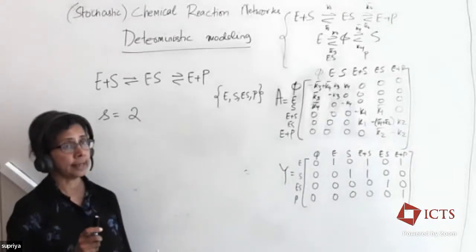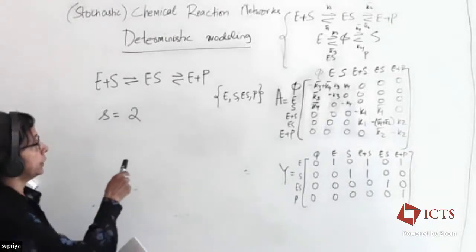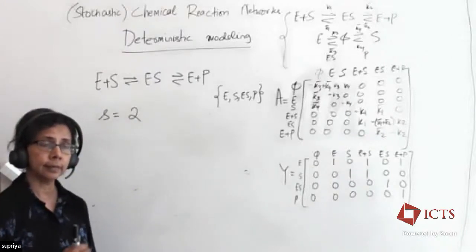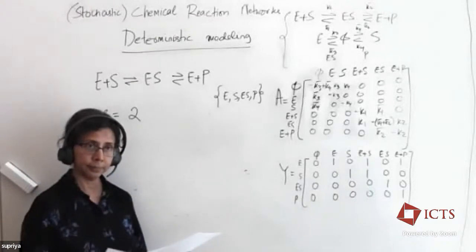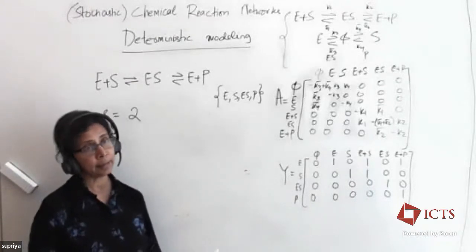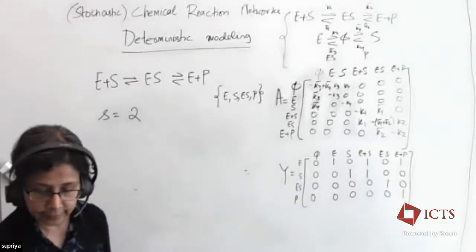But now what I'm saying is that it can actually move around only in this two-dimensional space. Why? Because there are two conserved quantities in this reaction.